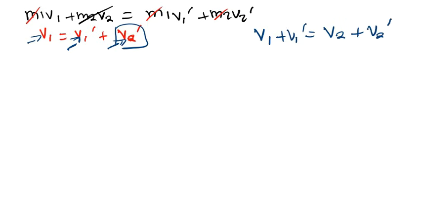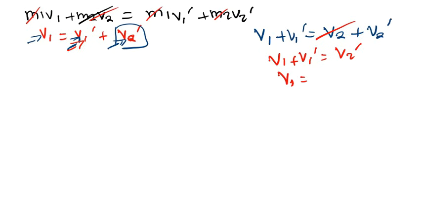But v2 was initially at rest, so this is 0. So the only thing I have is v1 plus v1 prime is equal to v2 prime. My goal is to eliminate v1 prime, so I'm going to make v1 prime the subject of the formula in this second equation.